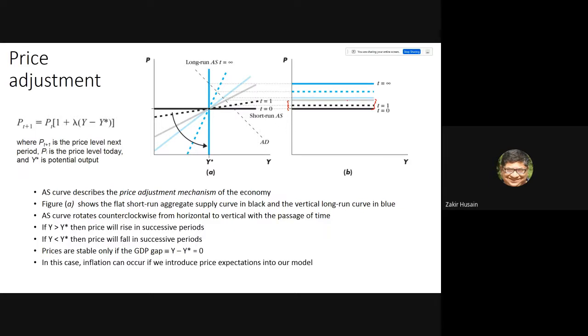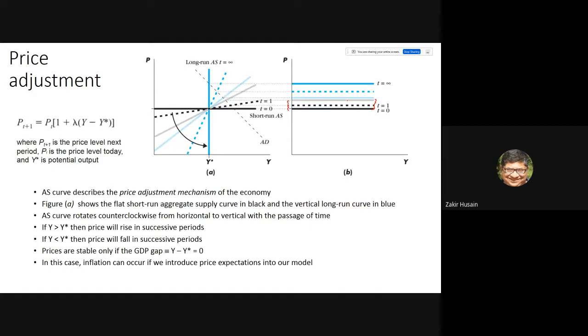As a matter of fact, we can have inflation even if the GDP gap is equal to 0. We can introduce inflation into our model, but in that case, we have to incorporate price expectations into our model. However, we are not introducing price expectations, so we simply assume that if y minus y star is equal to 0, there are no price changes.